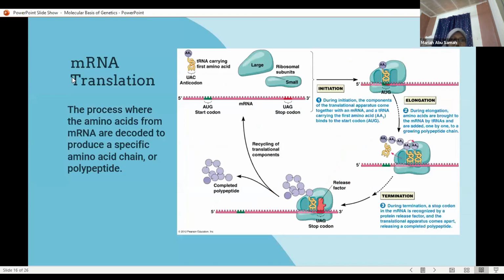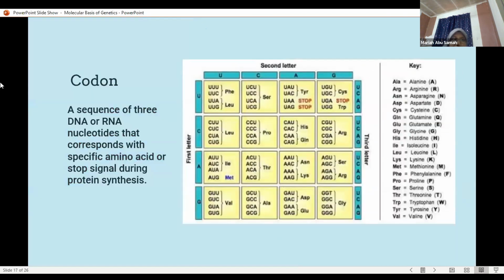So, mRNA translation is the process where the codons from mRNA are decoded to produce a specific amino acid chain, or polypeptide. Before we go to the steps, let's know what a codon is. A codon is a sequence of 3 DNA or RNA nucleotides that corresponds with a specific amino acid or stop signal during protein synthesis.